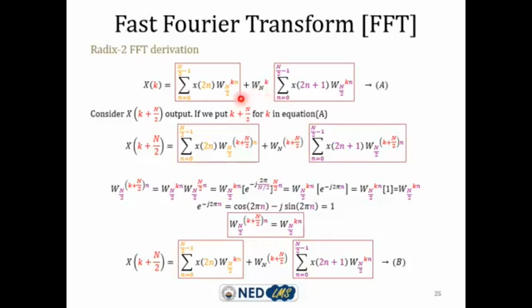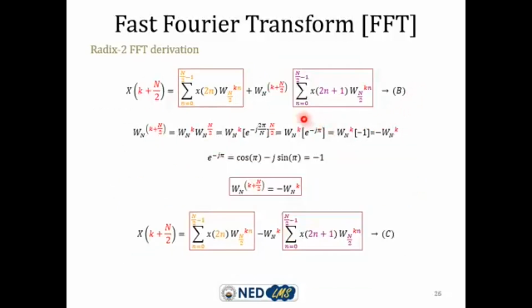So by using equation A, we can calculate the first 4 samples of the 8 point DFT output, and by using equation B, we can calculate the remaining 4 samples of the 8 point DFT output.